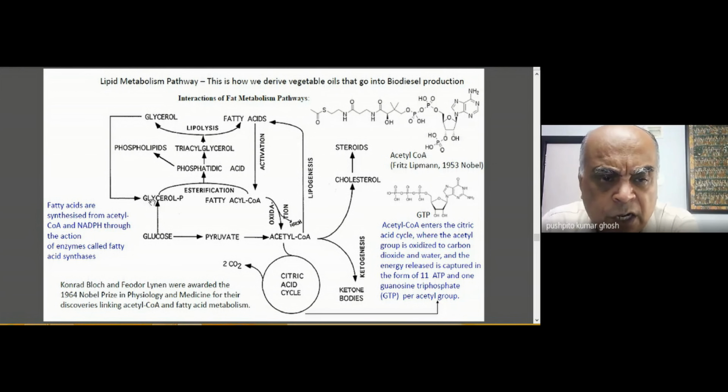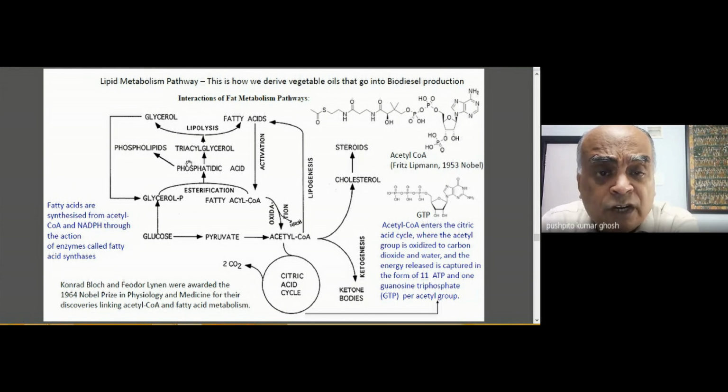In a similar way, I have fatty acids which were generated here, and these fatty acids in combination with acetyl coenzyme A get together, and they end up forming your triglycerides, the triacyl glycerol, which is basically your triglyceride.